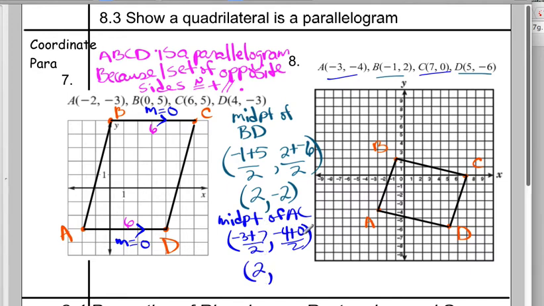And then -4 and 0 is -4 divided by 2 is -2. Since they both have the same midpoint, we know that the diagonals do bisect each other, and therefore it is a parallelogram. So I'm going to say yes, ABCD is a parallelogram.